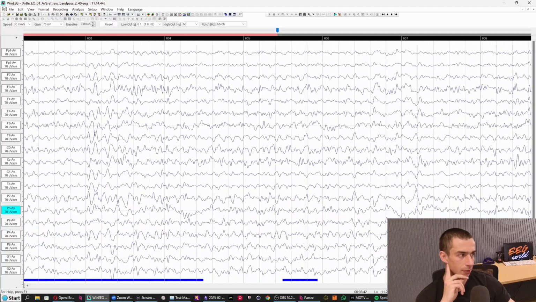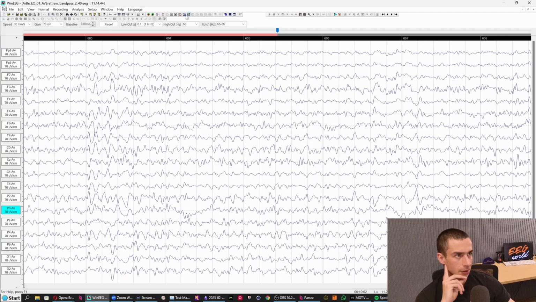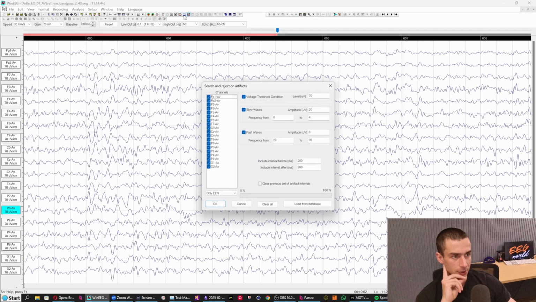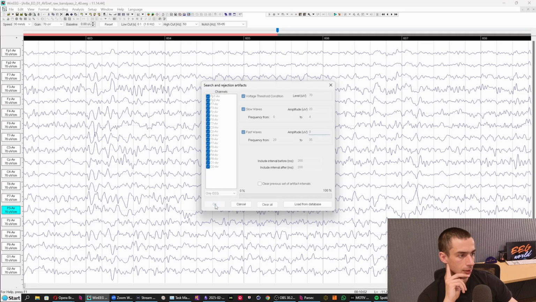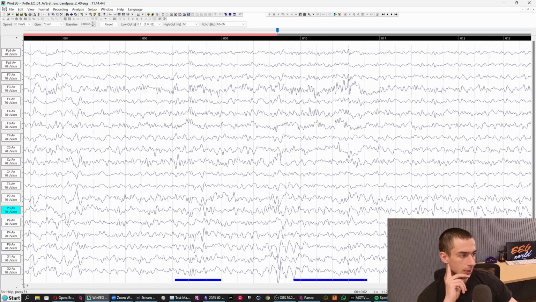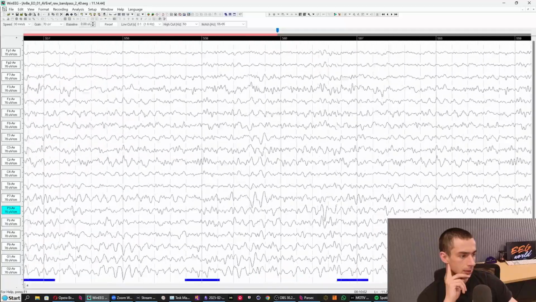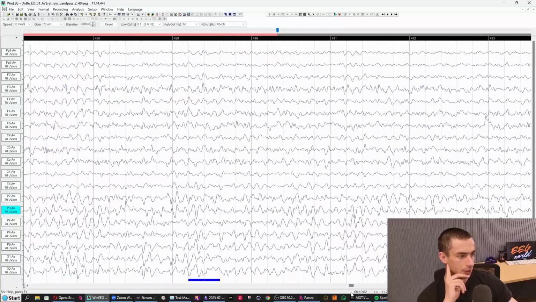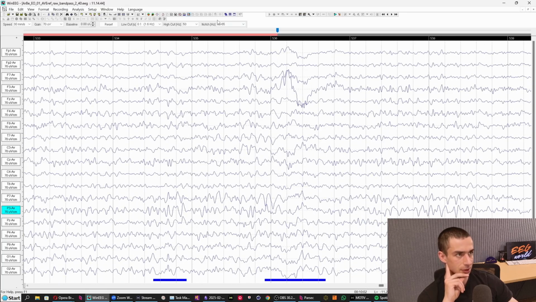And now I feel like we've taken out a little bit too much. I'm going to clear all, and I'm going to go back and switch this to 9. And we're still removing sections where it's not really necessary to.